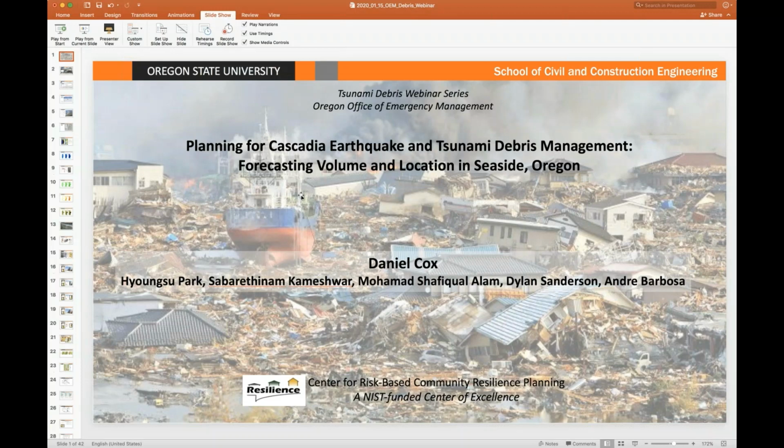Hyung-Soo right now did a bunch of lab studies where he's trying to test out some of these simple rules, and so he's trying to validate it against some laboratory data. In the future, it would be really important to validate it against the type of debris from Japan or other disasters. One of the issues is, although the debris is counted, they spend a lot of time on it because they pay per ton or per volume or per truckload of debris.